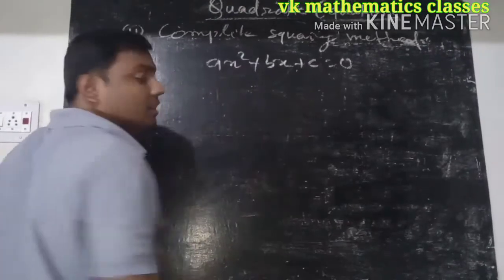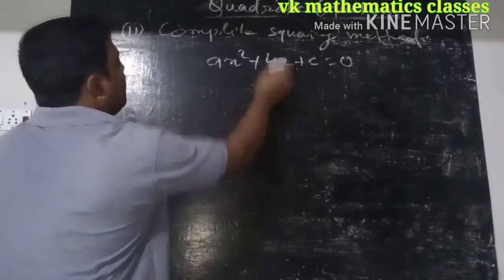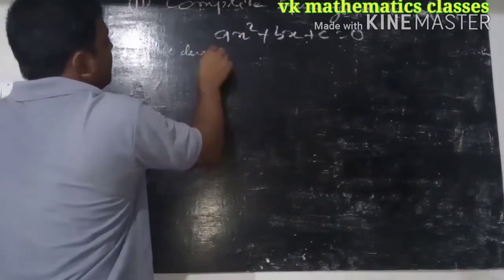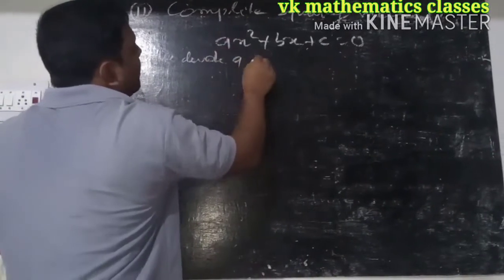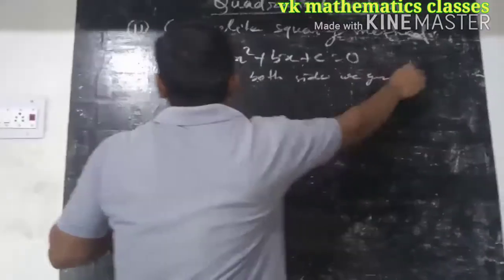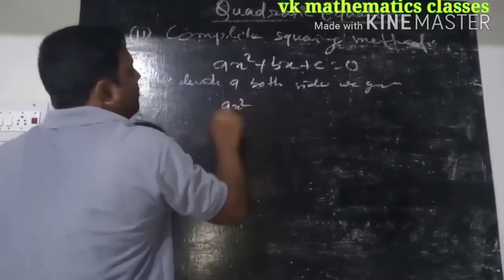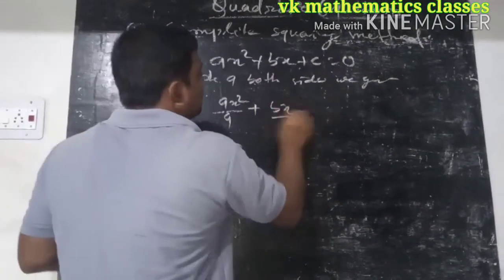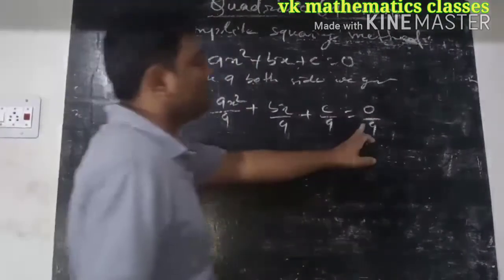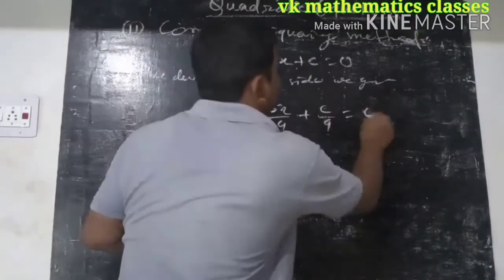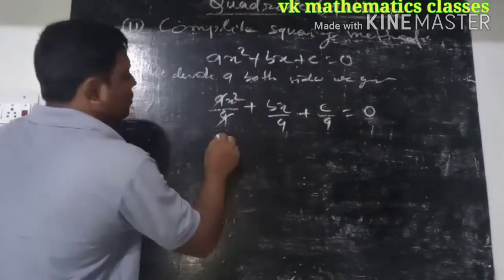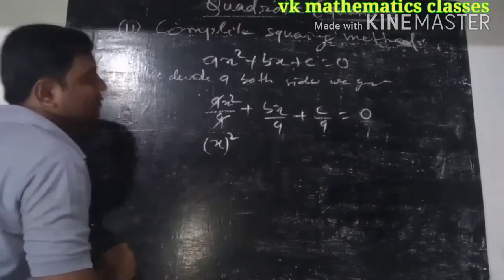Dividing both sides by a, we get ax square by a plus bx by a plus c by a is equal to 0 by a. So 0 by a is also equal to 0. Here a is cancelled, and this is the form of x square.